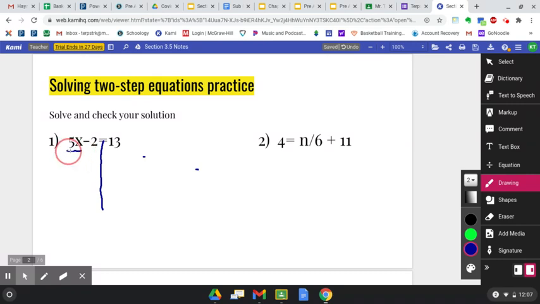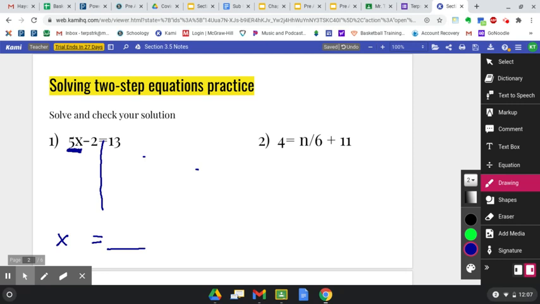So if I look, here is my variable term, right? The 5 times x. And then I have this constant out here, this minus 2 or negative 2, right? In the end, remember, we want to isolate. I want to get x by itself over here, and then it's going to equal some number. We have to figure out what that is, right?